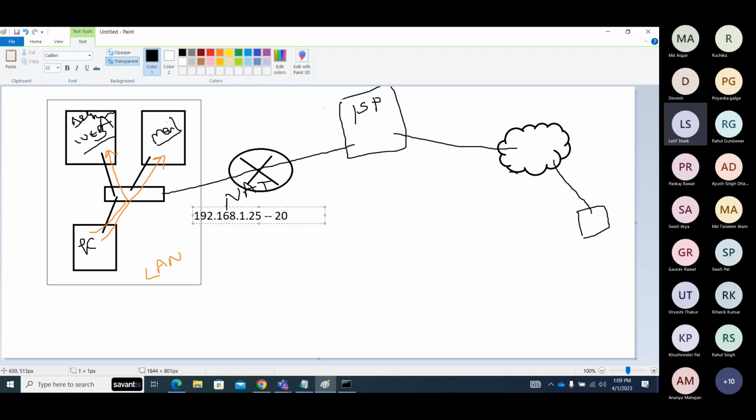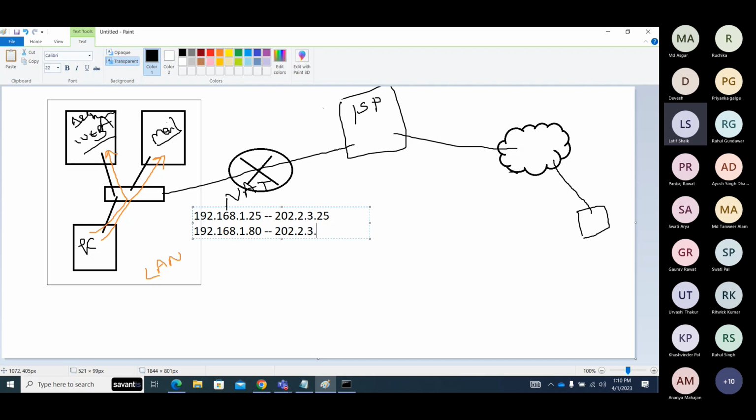Maybe 102.2.2.3.25, just for our understanding. I have another server, which is a web server, 192.168.1.80, mapped to 202.2.3.80.